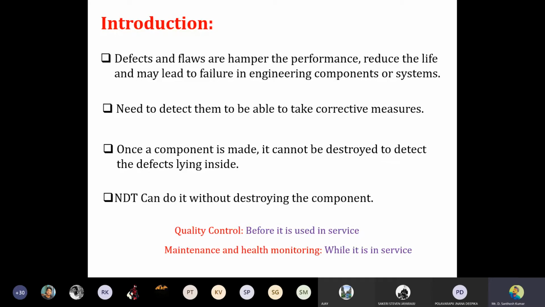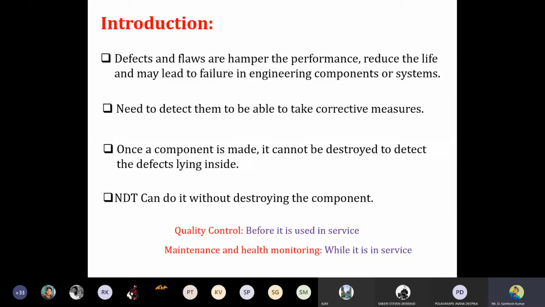But the thing is, once a component is made, you cannot destroy it. That is the major difficulty in any engineering system. Once you have made a component, you need to evaluate its properties. In destructive techniques or methods, you have to destroy or damage the entire component to evaluate its properties.